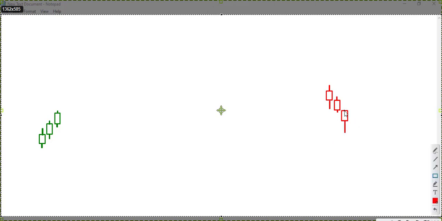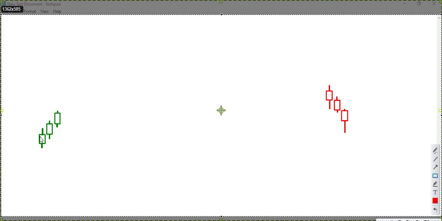Now the rule: for the first candle, we take a spinning top candle that has wicks on both sides, and it may be a red bearish candle or a bullish candle.